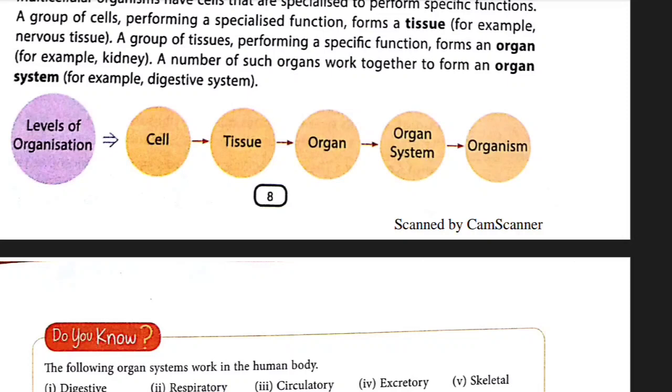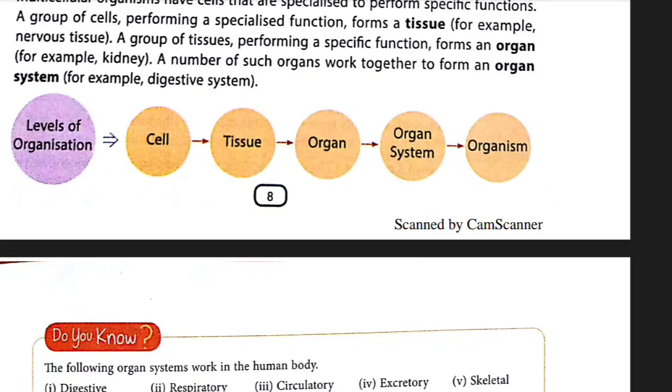So, bone is a tissue, skin is another tissue, then muscle is another tissue. How are they formed? They are also formed out of cells. They are also a combination of cells. Suppose if we consider bone, bone is the combination of bone cells.